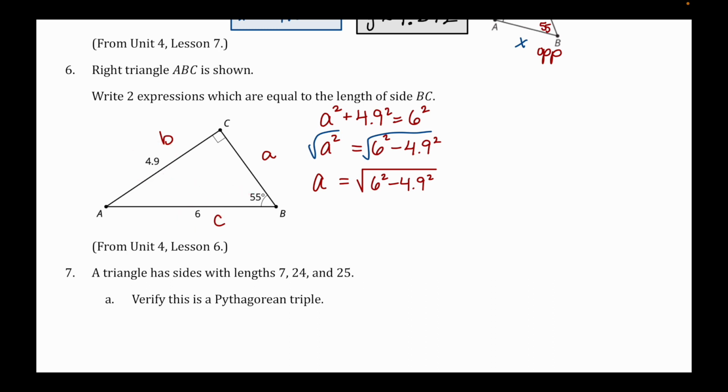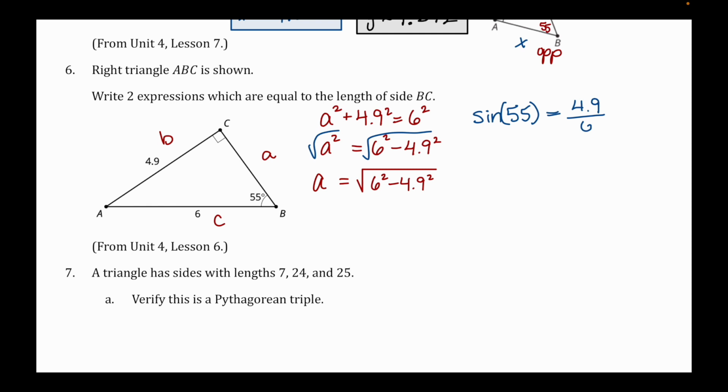That's O and H, which means we have sine to make the SO part of SOHCAHTOA. So we would say that the sine of 55 is going to be equal to 4.9 over, oh, that's 4.9 over 6.